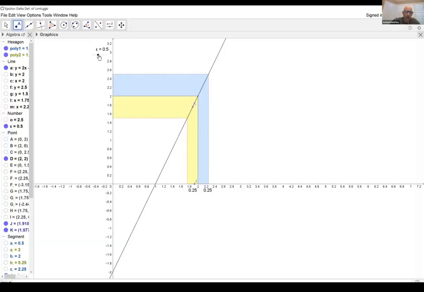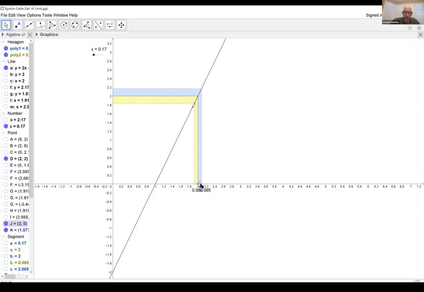And as we pick smaller epsilons, look at what's happening. When I say epsilon, I mean the distance above and below here. It's giving me a corresponding region on the floor so that any x I pick inside here, I can move it around.